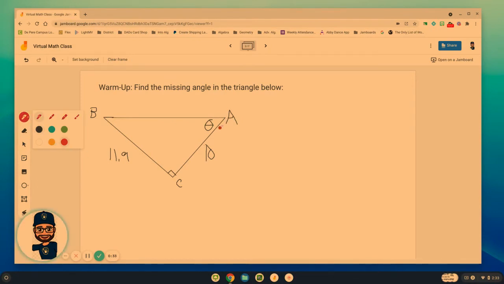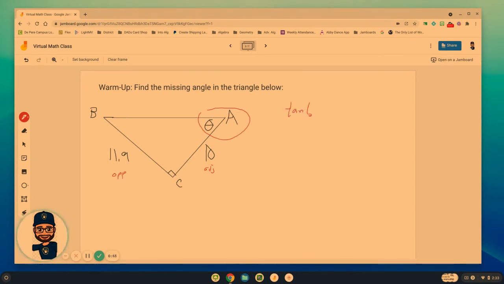If we are trying to find this angle A, step one is to figure out what relationship we have. 11.9 is the opposite side. 10 is the adjacent side. The trig function that works with opposite and adjacent is going to be tangent.